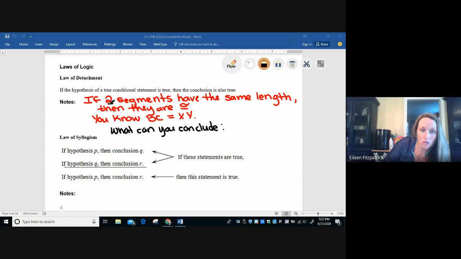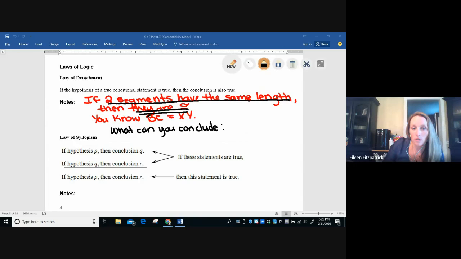The hypothesis, two segments have the same length, and the conclusion, they are congruent. So the additional statement that's given, if it deals with, if it matches with the hypothesis, then you'll be able to make a conclusion. So it says, you know that BC is equal to XY.